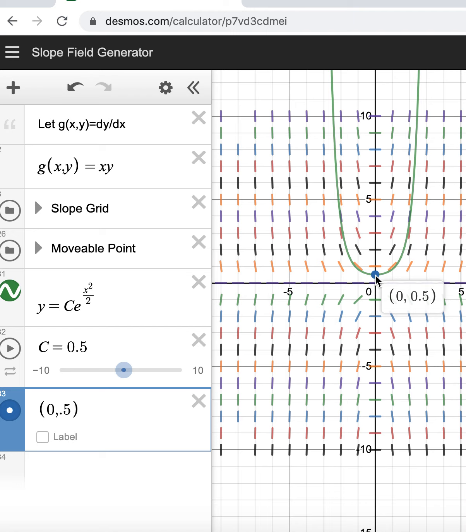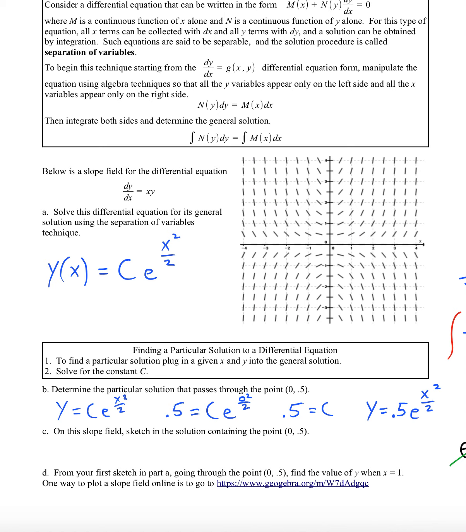That's what we're looking for. Okay, so let's go ahead and sketch in this picture our solution curve. And here's our point.